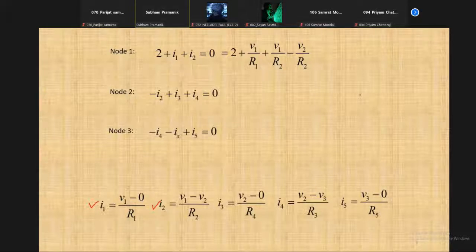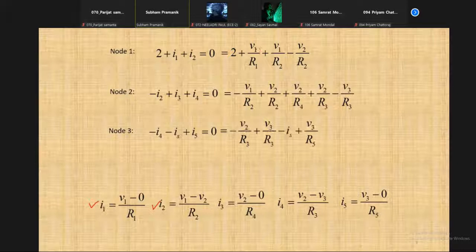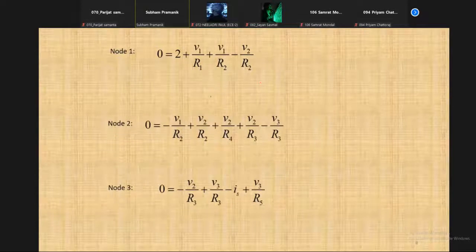What next? You have to rearrange the terms so that you can get this equation in terms of V1, V2, V3 like this. You are rearranging the terms like this. What is G1 by the way? What is G?